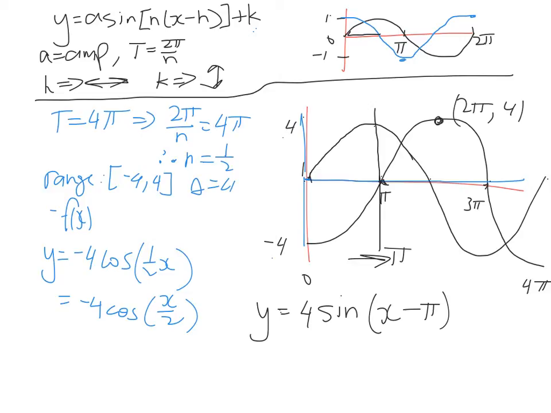Now, our period kind of makes a bit of a mess of things. What ends up happening is that we're going to need a coefficient of x. So that becomes 4 sine, a set of brackets here, a half x minus pi.